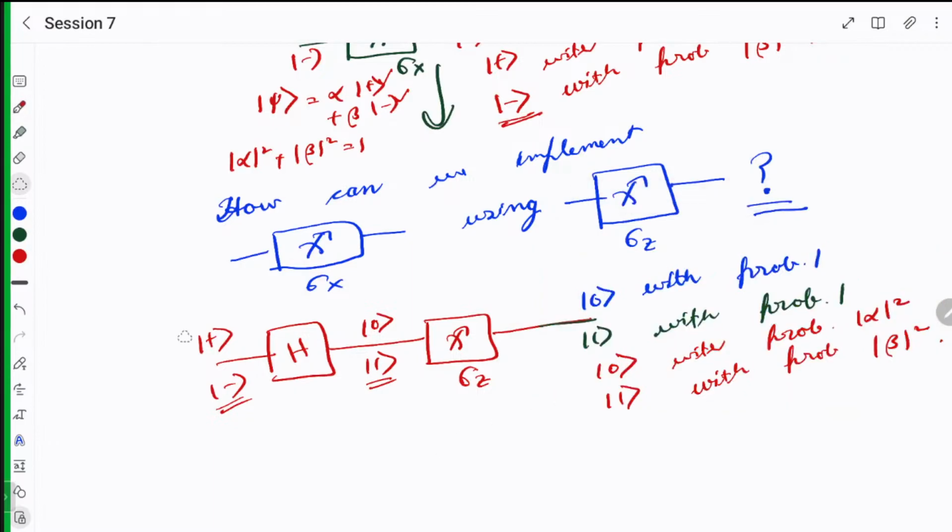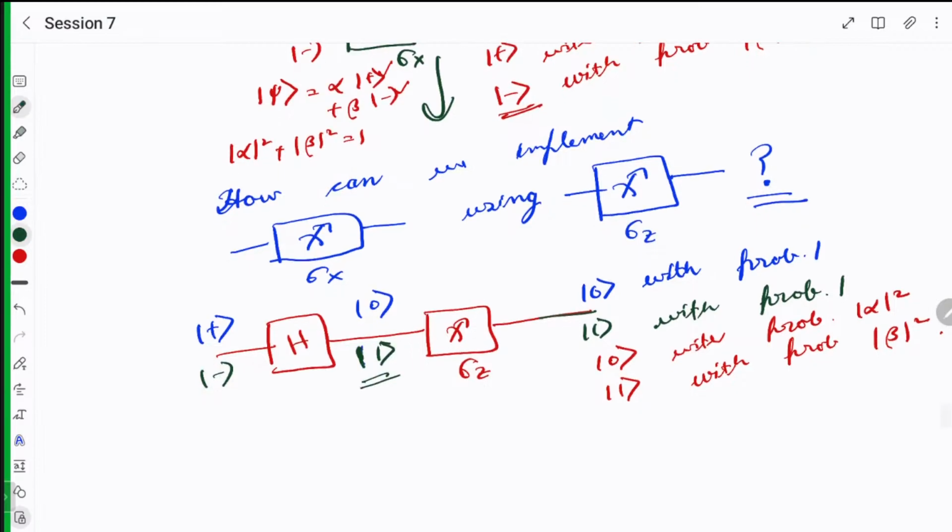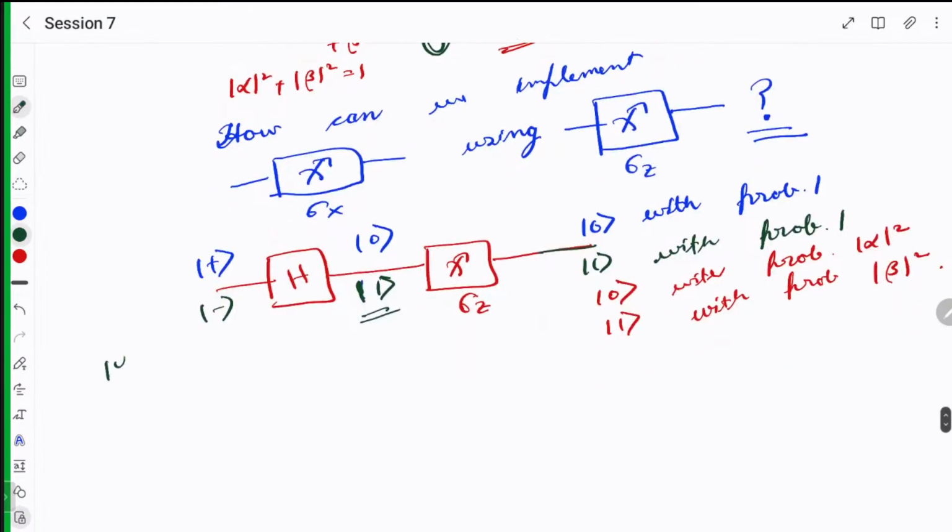Let me follow the color coding again. So if you have a general state, a superposition of plus and minus, the Hadamard will convert it into a superposition of 0 and 1.